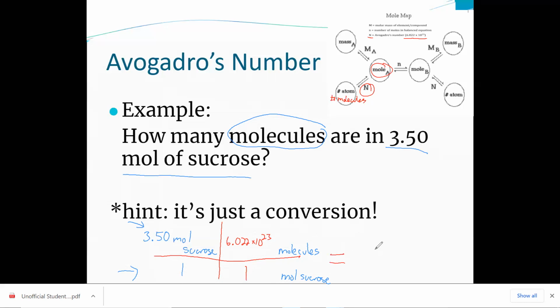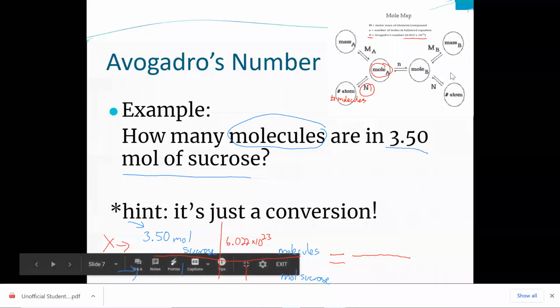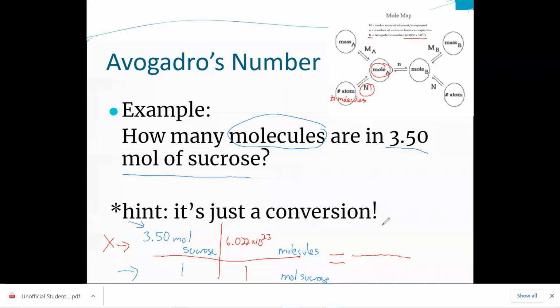Okay? So then we are going to multiply straight across everything on the top. So let's just do that on a calculator real quick. Performing that operation on a calculator, I get 2.1077 times 10 to the 24th.